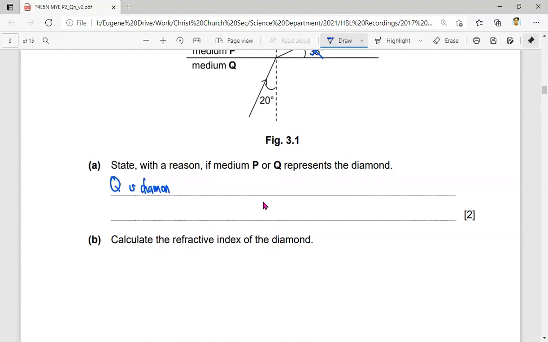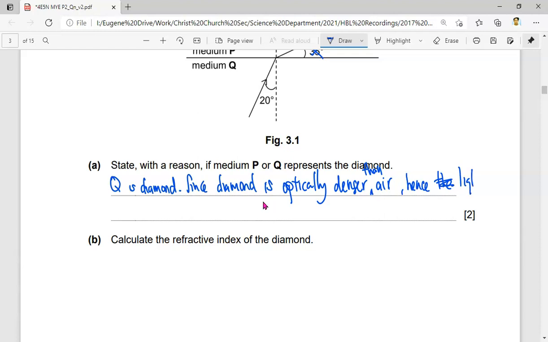Why is it so? First thing you need to know is that since diamond is optically denser than air, the keyword is not denser, it's optically denser. Whenever you're doing a light question, do take note the word optically is quite important. Since diamond is optically denser than air, light will travel faster in air.